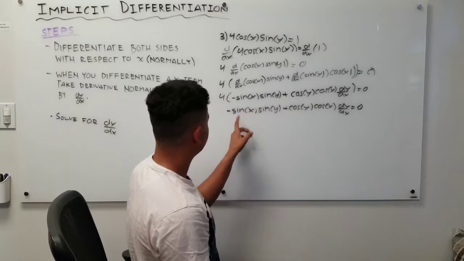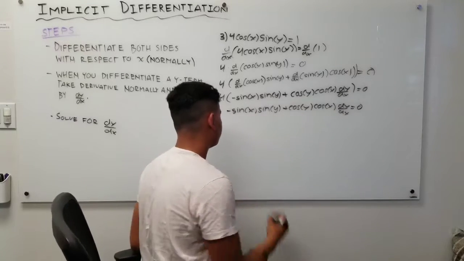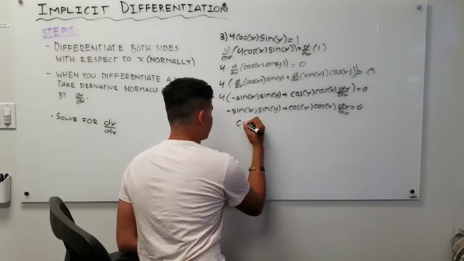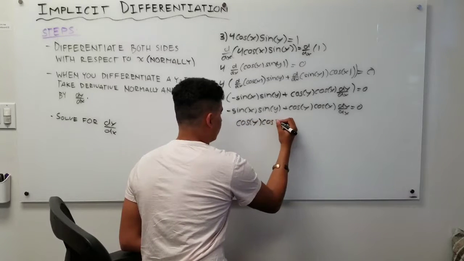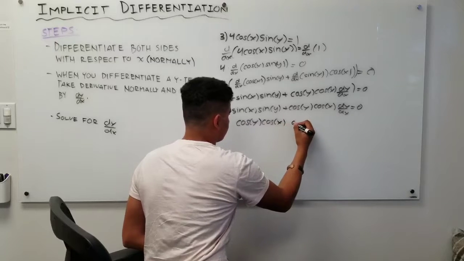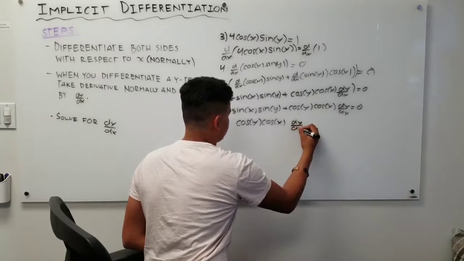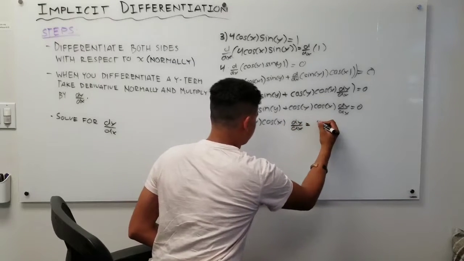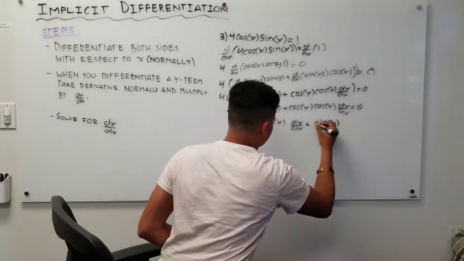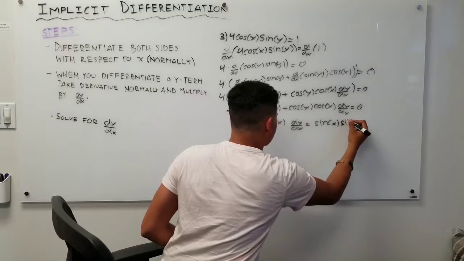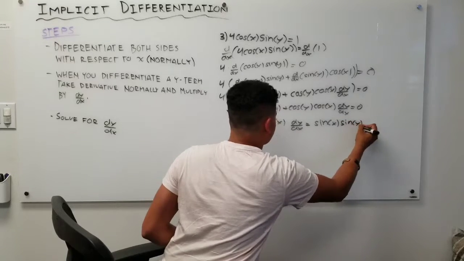Now you're going to add this to both sides. So you're going to end up with cos y cos x dy dx is equal to sine x sine y.